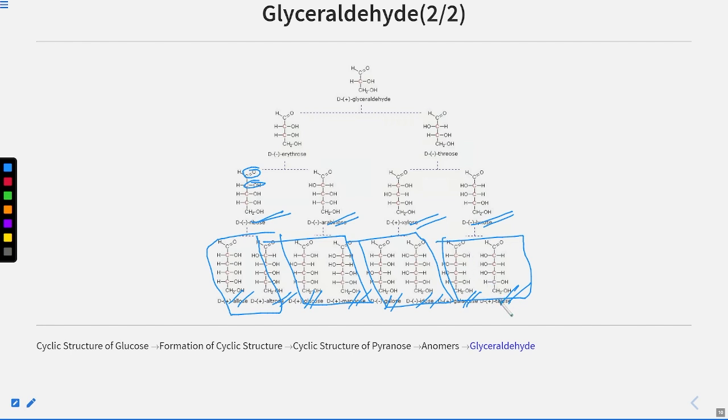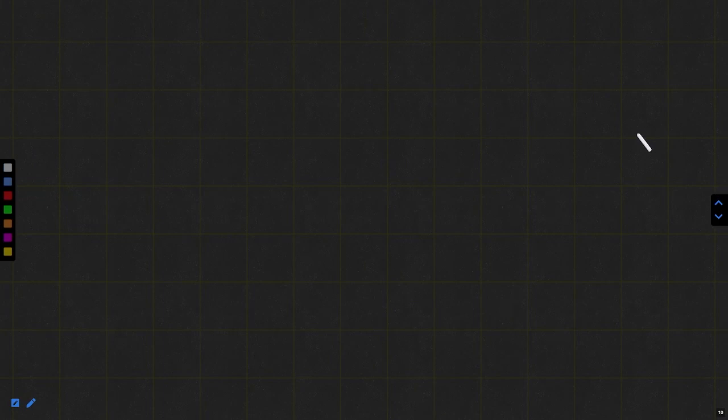So what have we studied today so far? First we have seen the cyclic structure, that is the chair form of glucose. What does the chair form look like? We have seen that the chair form was a much more appropriate representation of how glucose exists. Then we have seen fructose.